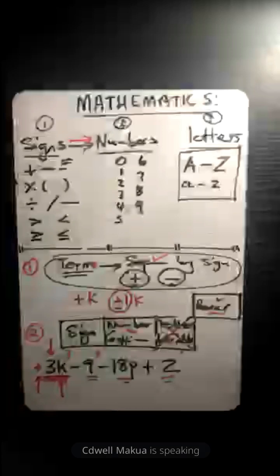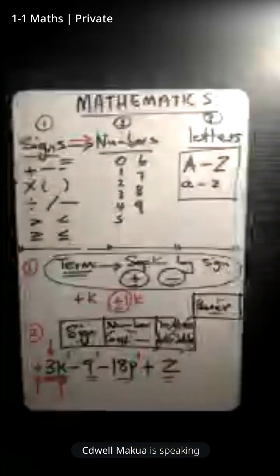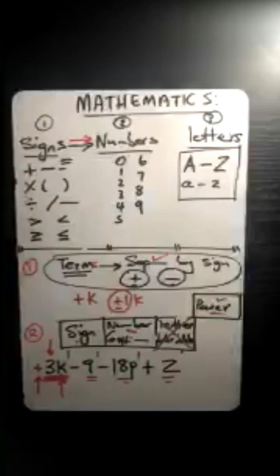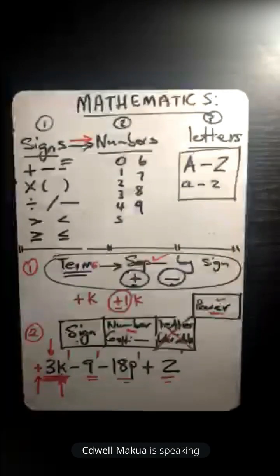P is a letter, positive visible 1 also, plus there is Z. I can't say 1Z, no, it's just going to be positive letter Z to the power 1.